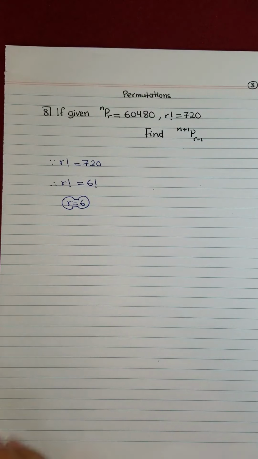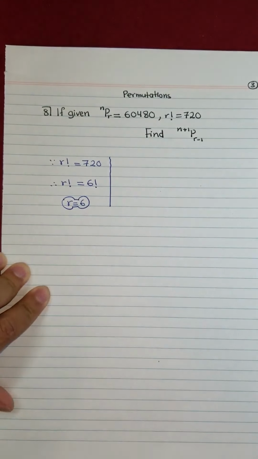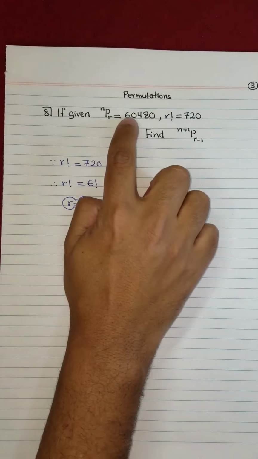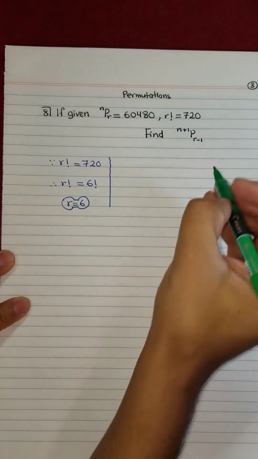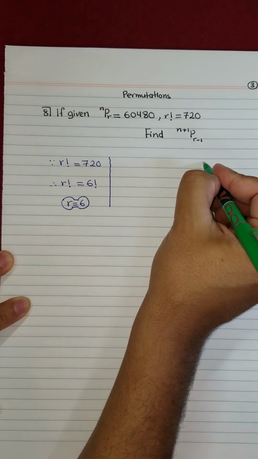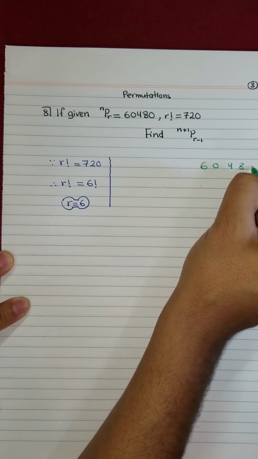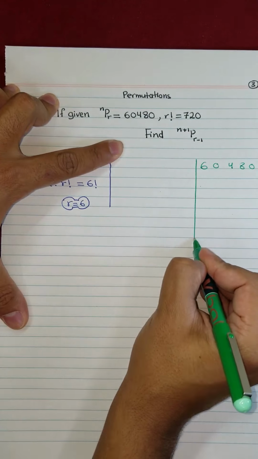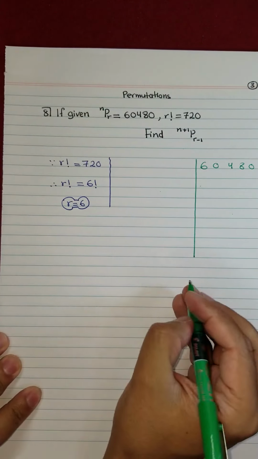Now, since this one is a permutation, we can always use prime factoring to strip this number into prime numbers. So let's do that. So we have 6480, and we will do a process of prime factoring here to get this number as the product of some prime numbers.